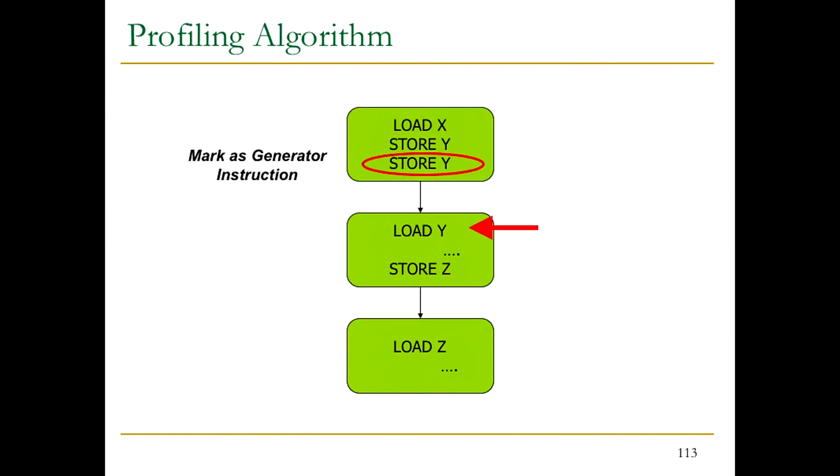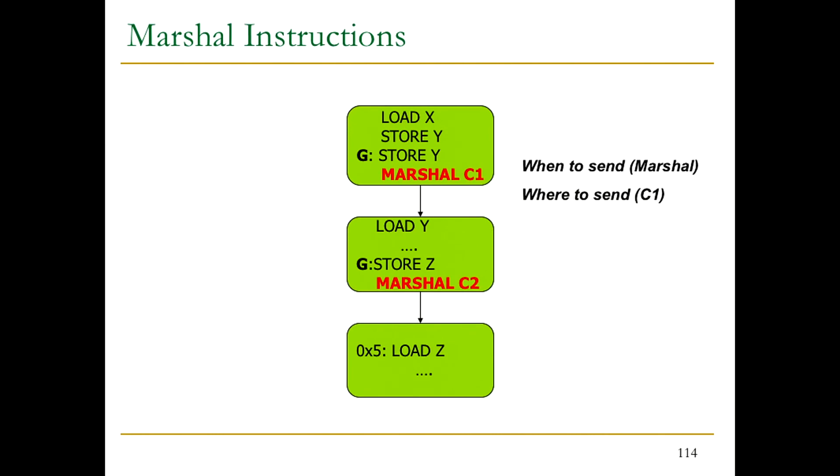And then, assuming you mark the generator instructions now, you need to decide when to send the data and where to send the data. That is communicated using some new instructions called marshal instructions. Marshal C1 means marshal all the data just generated by the generator instructions so far to core 1.